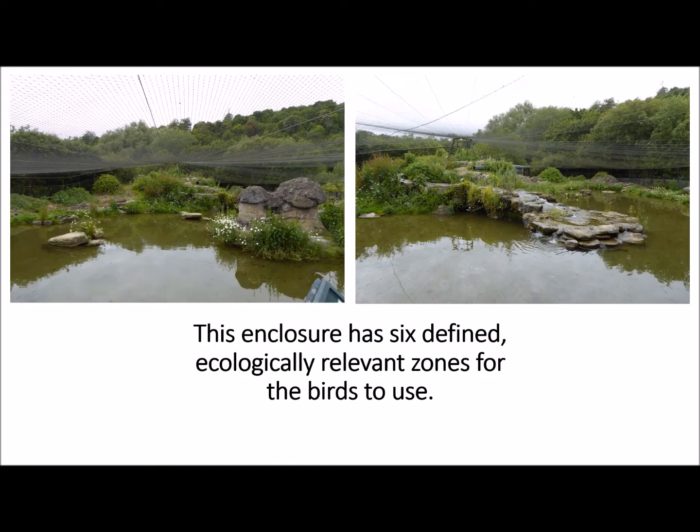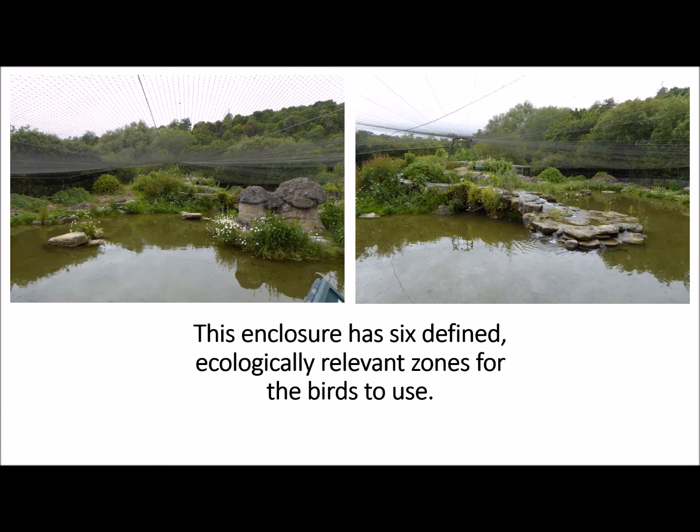And if we look at all perspectives of the enclosure, as you can see in these two photos from either end, we can actually identify 6 defined zones of ecological relevance within this aviary. We've already mentioned the pool, and we've already mentioned the waterfall. We can look at the land that is furthest away from visitors. We can look at the land that is closer to the visitors. We can look at the rocks and boulders that are provided within the pool for perching or resting.